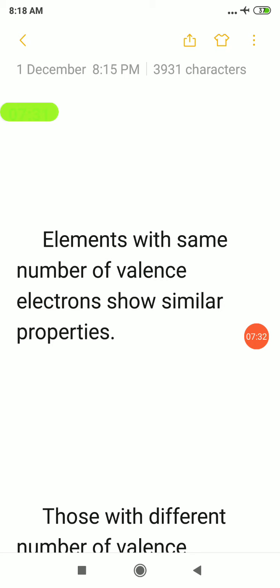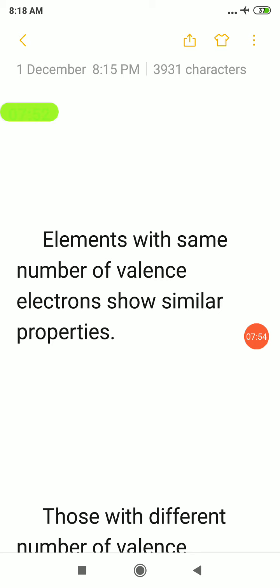Now, based on these valence electrons, we can make some assumptions. We know that in the periodic table we have 7 periods and 18 groups. Take the first group: hydrogen, lithium, sodium, potassium. All these elements possess similar valence electrons.